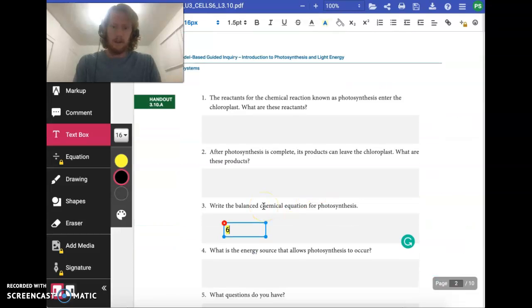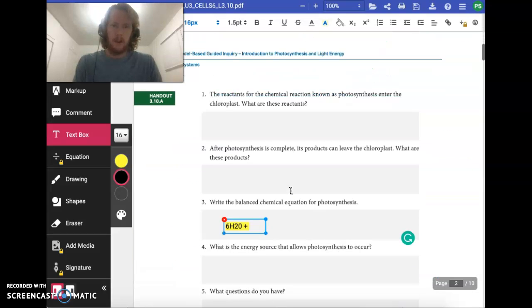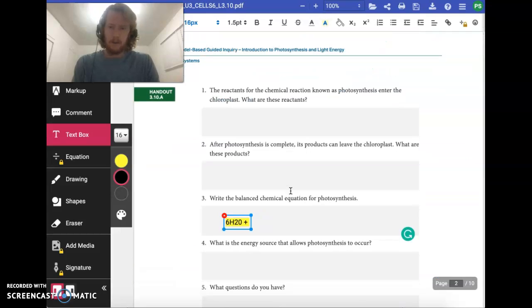So 6 H2O, and then we do plus. Okay, and we have our carbon dioxide. Doesn't matter which order. So 6 CO2. Okay, then you do an arrow, and then the products.